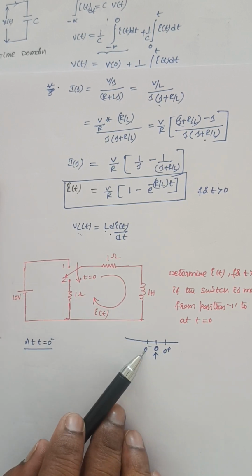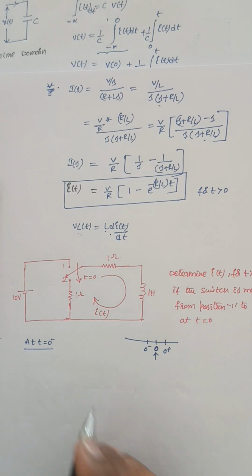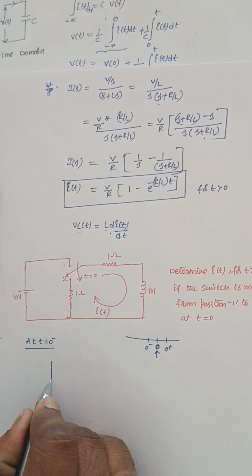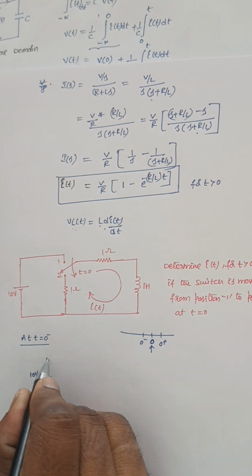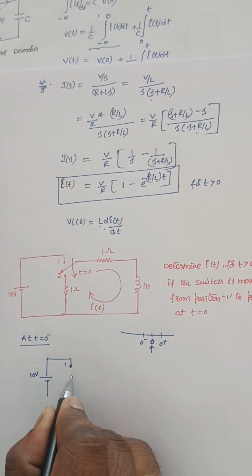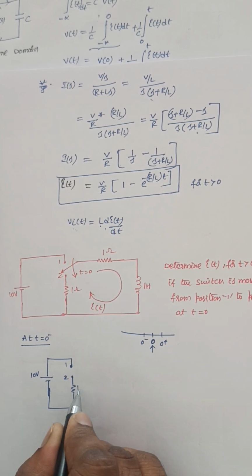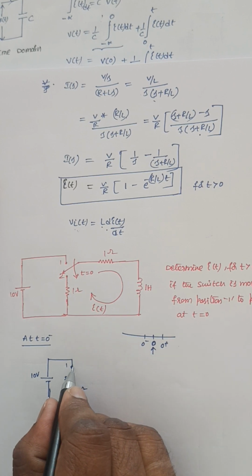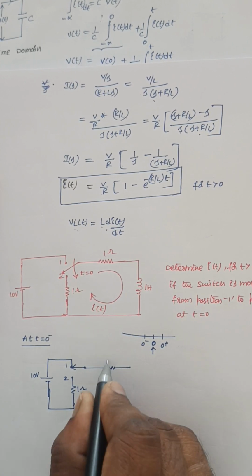So just before the switching action, that means at t is equal to 0 minus, the switch is at position 1. So draw this network. It is 10 volts, this is position 1, and this is position 2. It is 1 ohm, and this switch is connected to position 1. So this is resistance 1 ohm.